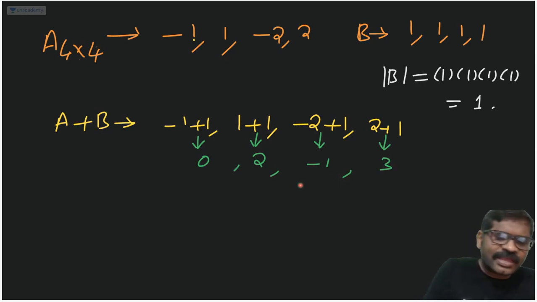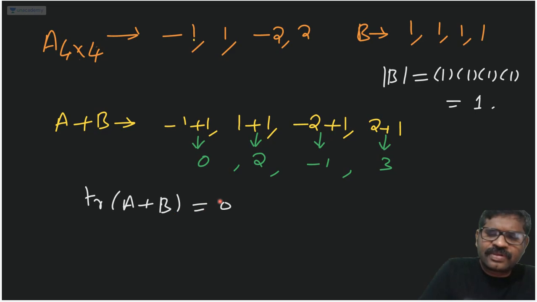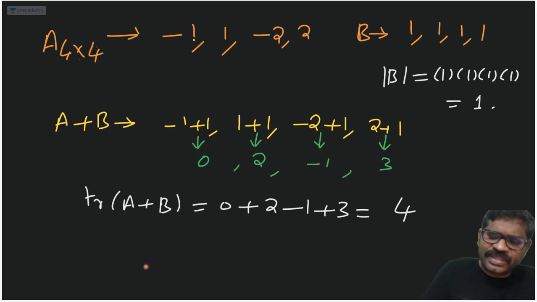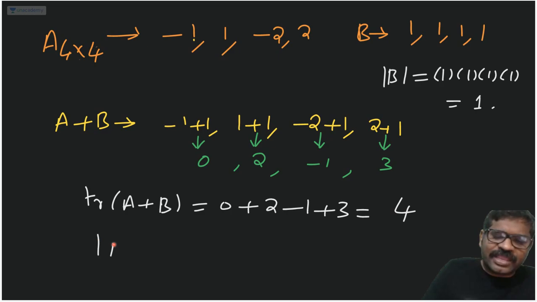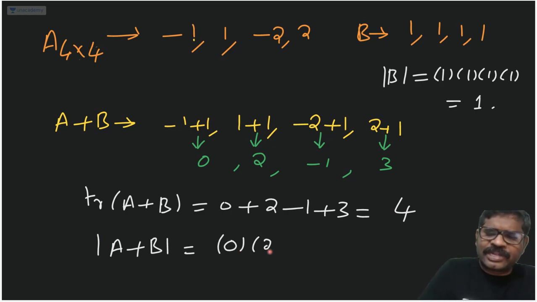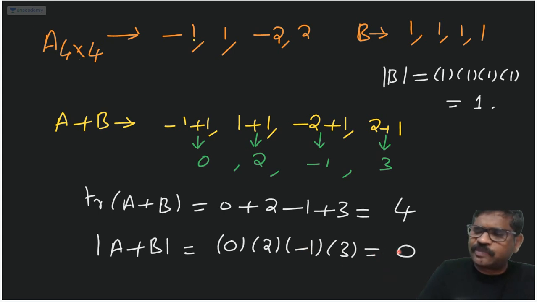Okay. Now, trace of A plus B is 0 plus 2 minus 1 plus 3, 5 minus 1, 4. Okay. Determinant value of A plus B, 0 multiplied with 2 multiplied with -1 multiplied with 3, 0.